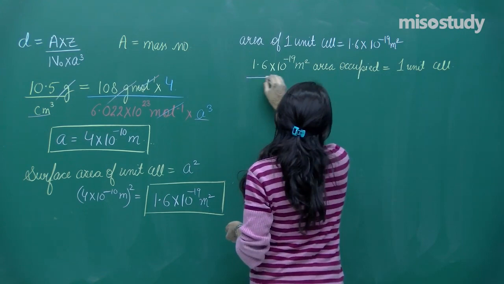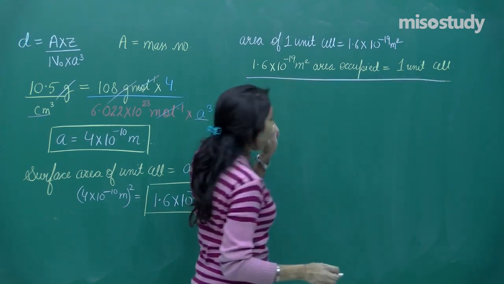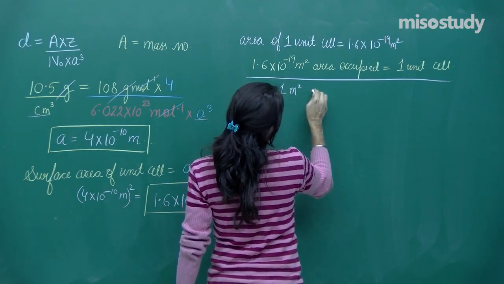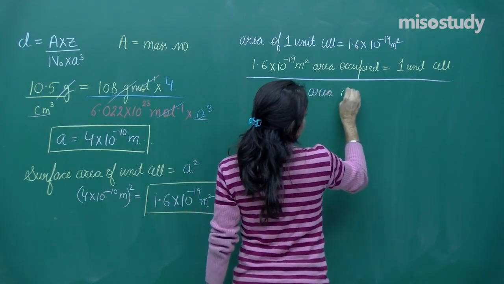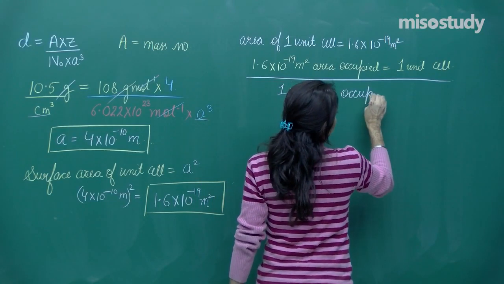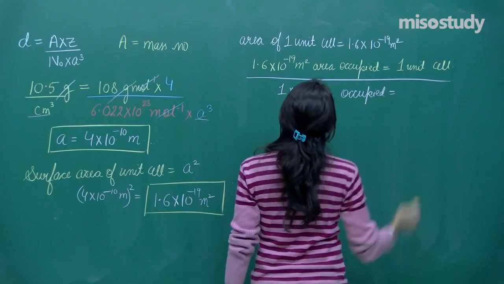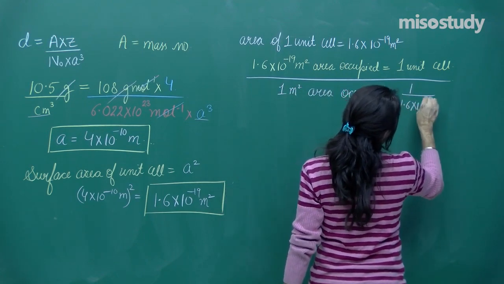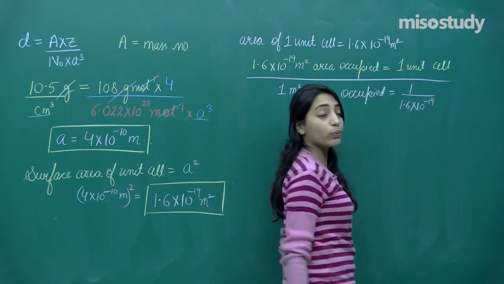But if 1 meter square area has been occupied, how many unit cells will be there? You can simply say, ma'am, 1 divided by 1.6 into 10 raised to the power minus 19 unit cells will be there.